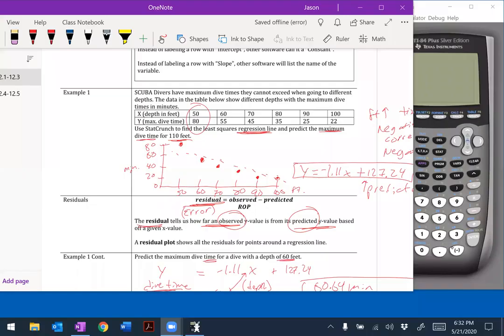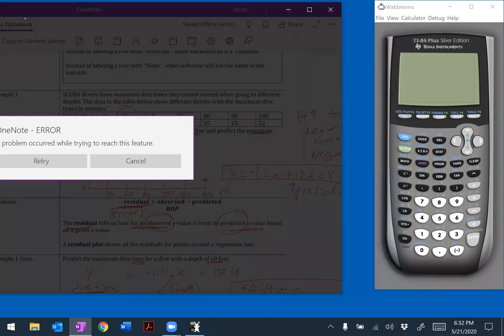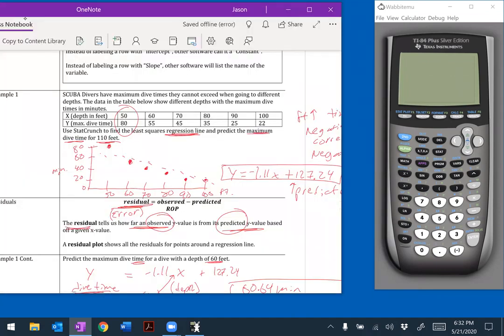Okay, so let's go back to the scuba diver one there, and I'll show you how to run the test on this one. Let me put in the data real quick. I think we even ran this last time, and we had a graph.